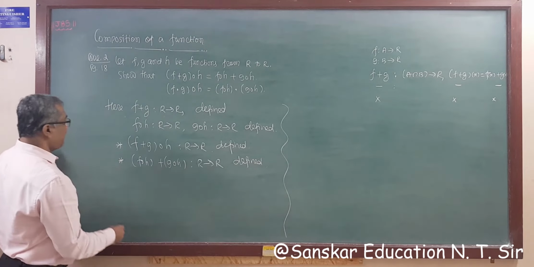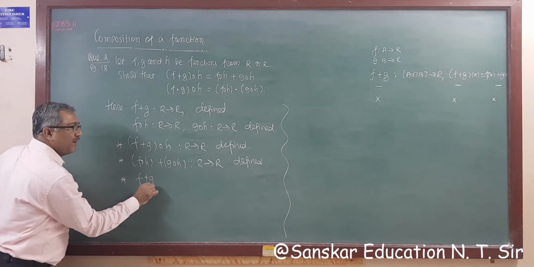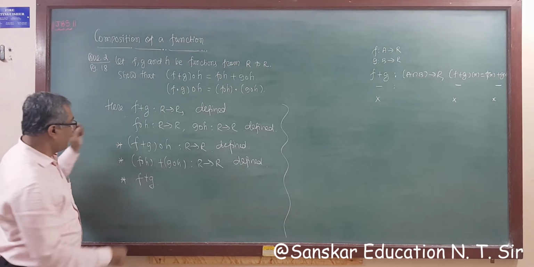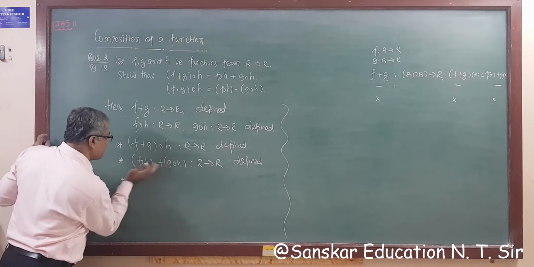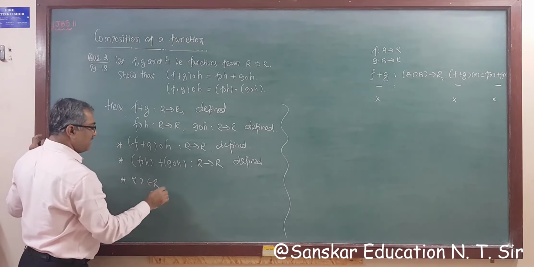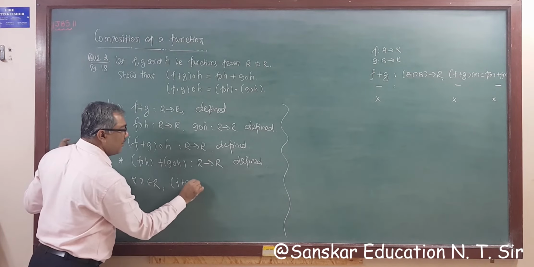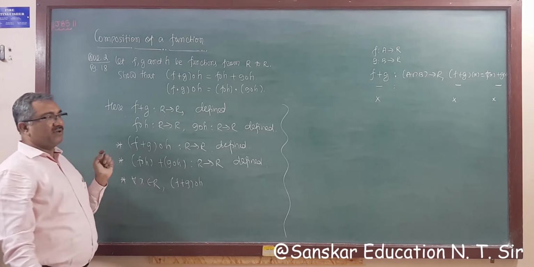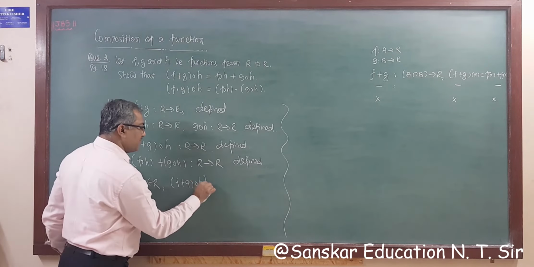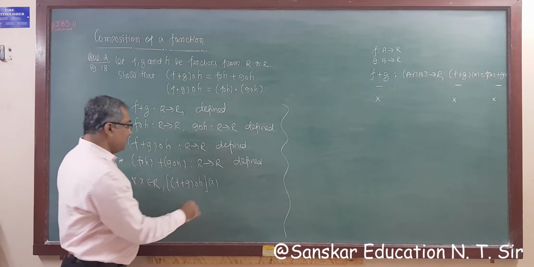Okay, so f plus g over h. For all x belongs to R, because the domain is R, we consider x. Now f plus g over h of x is defined.